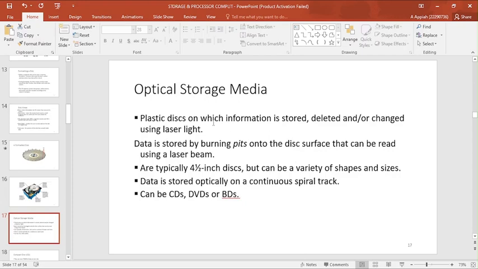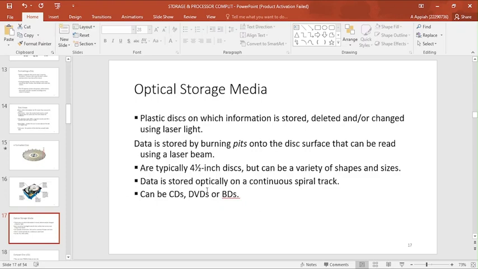Now, these optical discs are typically 4.5-inch in size, but can also come in different shapes and sizes. With optical storage, data is stored optically on a continuous spiral track.